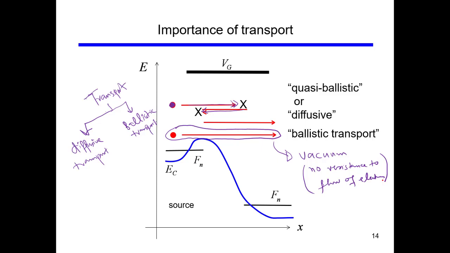We have seen how parasitic resistances can be included. We have seen the problem of velocity overshoot and a very initial intro of the concept of ballistic transport. Ballistic transport is a wide topic, but we are just naming it and giving you an initial definition. So let's stop here.